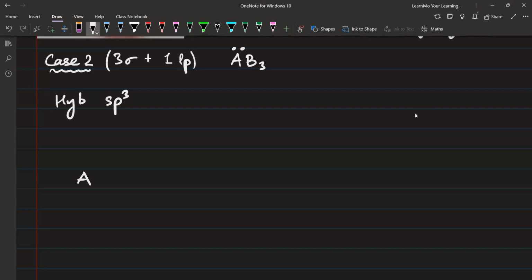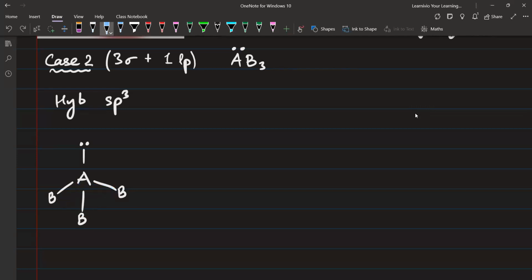Right now, the electronic geometry will also be the same. Where are the electrons? They are in the hybrid orbitals. Where are the hybrid orbitals? In the tetrahedral arrangement. So here you will have the lone pair, and here I will attach the B, B, and B. Now, if I join the atoms like this, with one A atom, this is a kind of pyramid you can see.